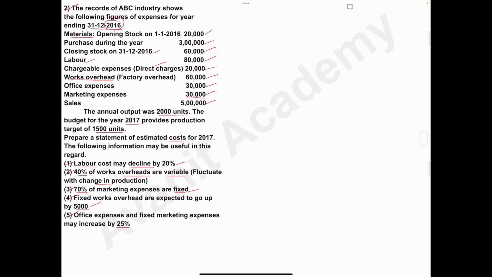In 2017, they will increase by 25%. In this problem, we have to prepare two cost sheets, the cost sheet for the year 2016 and the estimated cost sheet for 2017. Let's prepare the cost sheet for the year 2016.